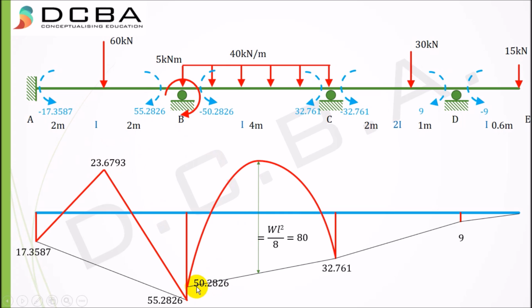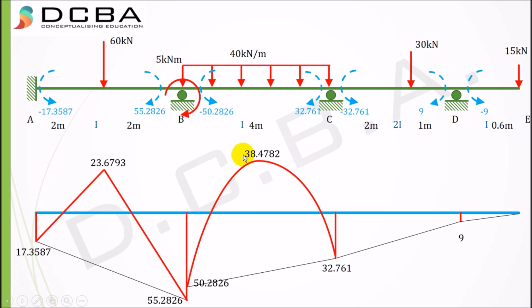Again here, the simply supported bending moment diagram will be a parabola for a UDL with a value of WL square by 8 equal to 80. Again, we have to subtract this much value from this trapezoid. The value is 41.5218, and this value will be 80 minus 41.5218, which is equal to 38.4782.